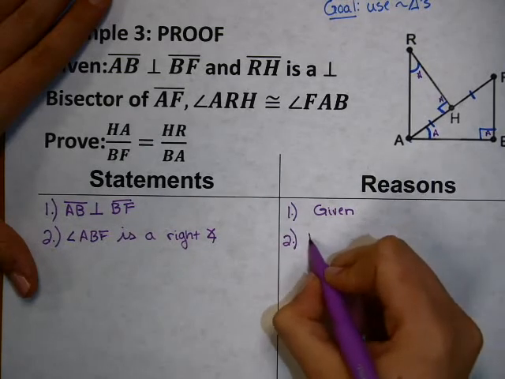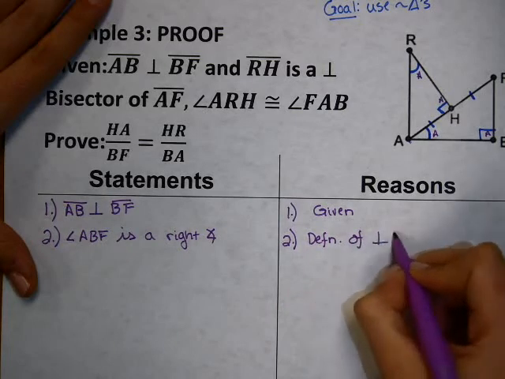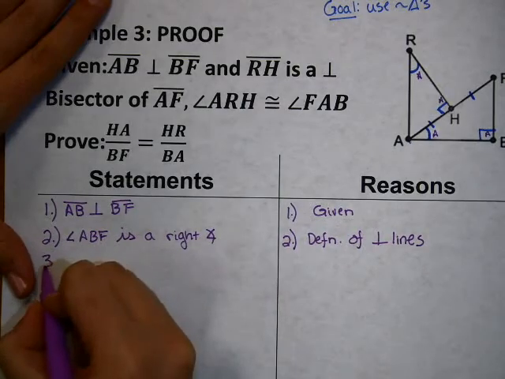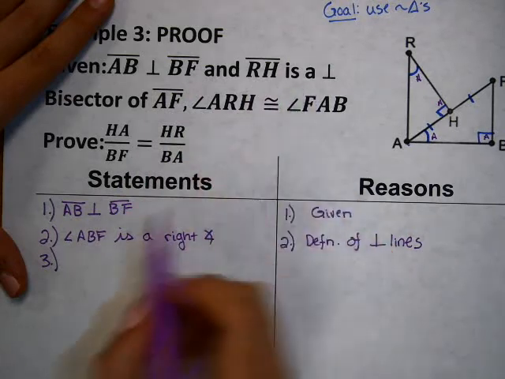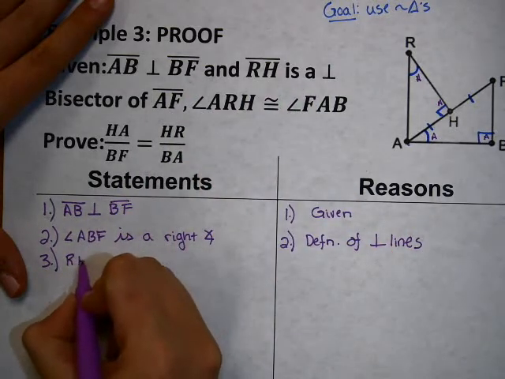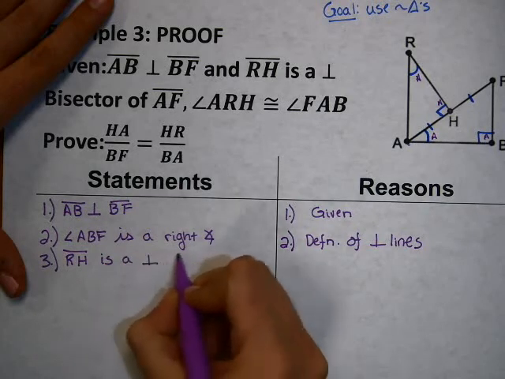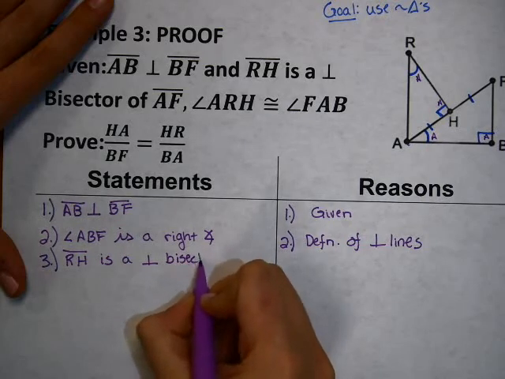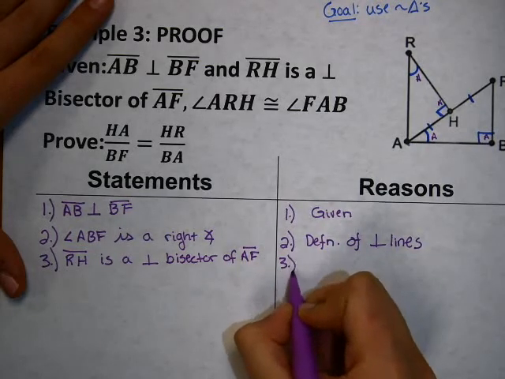All right, and that's our definition of perpendicular lines. Okay. All right, and then let's use our next given, that RH is a perpendicular bisector of AF. And that's given.